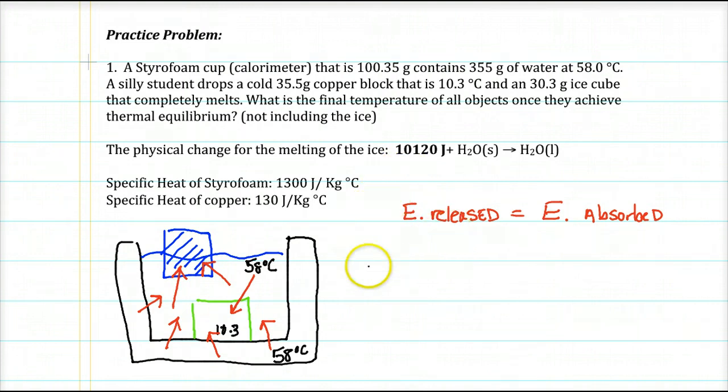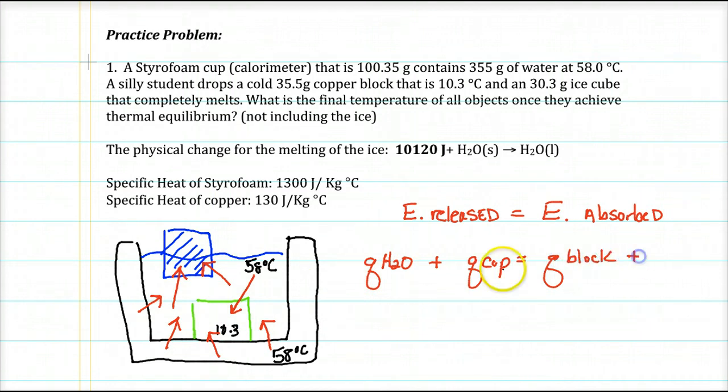Who's releasing energy? Well, we know the water, Q of the water. We see the water is giving its energy to the block. Also the cup, which is in thermal equilibrium with the water. You can always assume that unless I tell you otherwise. Who's absorbing? Well, obviously the block is, so we have Q of the block. And don't forget our ice cube is endothermic. So you have Q of the ice cube.